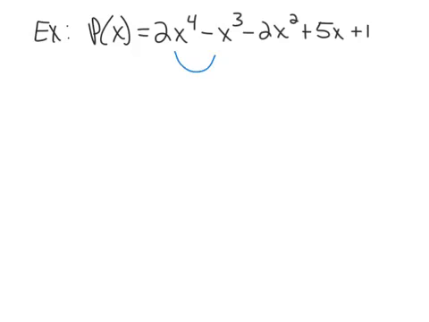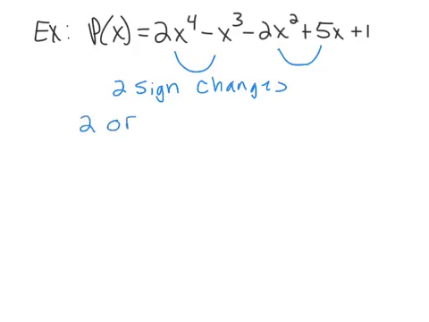And then it's negative, and it stays negative, but here it turns back to positive, and then it stays positive. So we have 2 sign changes in this polynomial. That means we have 2 or 0 positive real roots. We're not going to have 3, we're not going to have 1. It's either going to be 2 or 0.